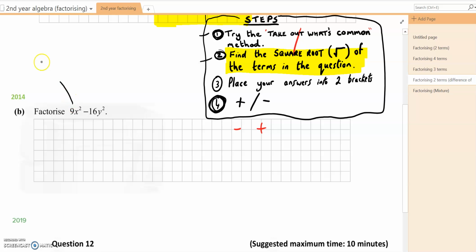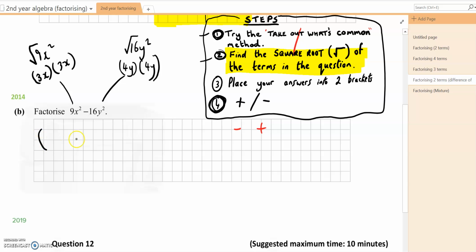So let's find the root of 9x squared. We type into the calculator the square root of 9, and it comes out as 3. So we know the root of 9x squared would be 3x by 3x. And we find the root of this one, 16y squared. We type into the calculator the square root of 16, and it comes out as 4. So the root of 16y squared would be 4y by 4y.